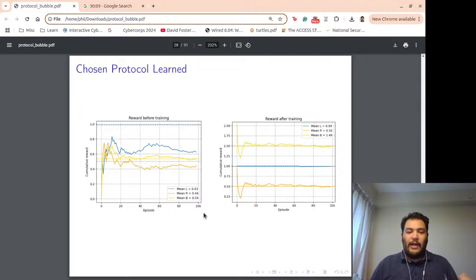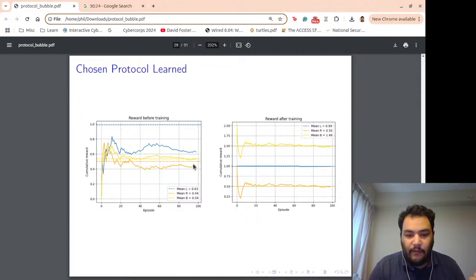And before training, on the left, you can see that both of my instances, blue and orange, were about 0.5, and their average was about 0.54. Was also basically just random. And so their sum was about 1.